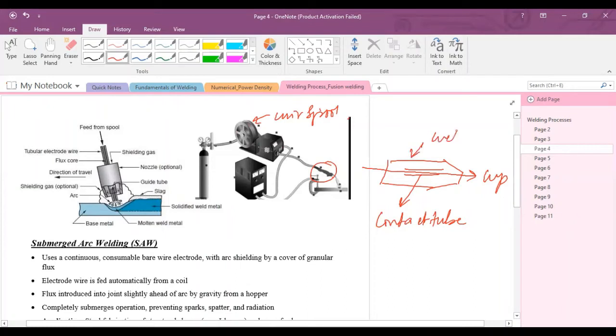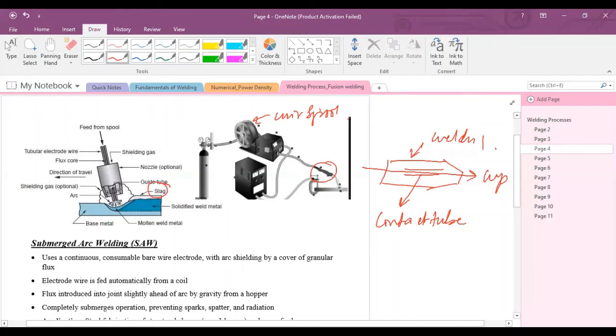The wire is fed continuously because during the welding process the electrode is consumed, melting and adding into the molten pool, and this flux will form a slag over the surface of the molten metal.